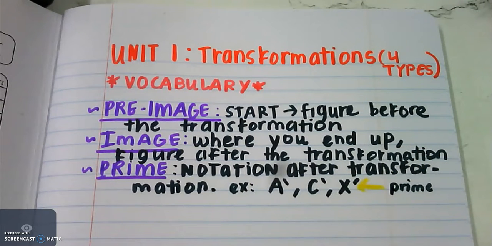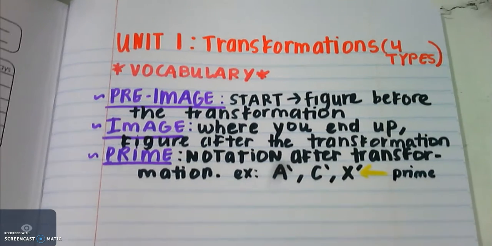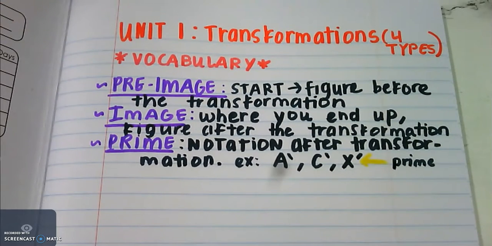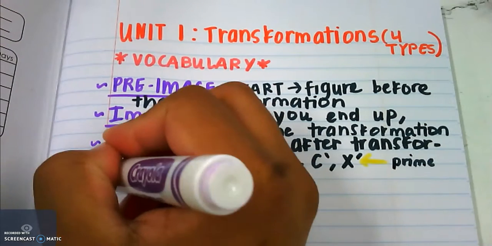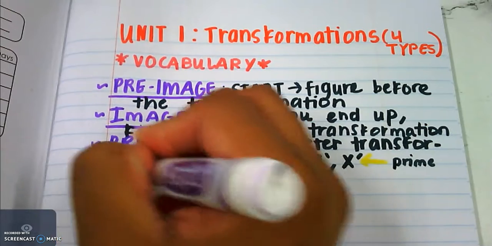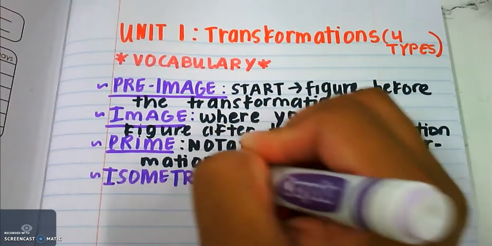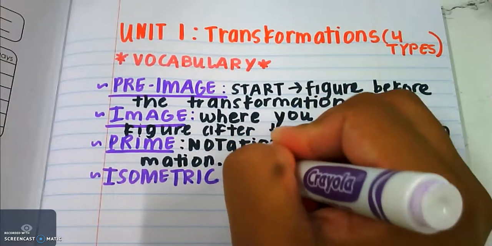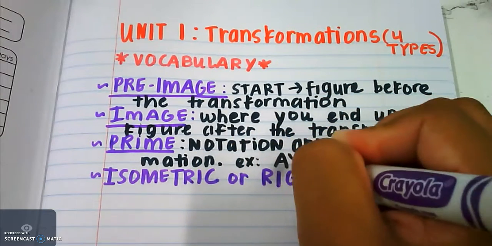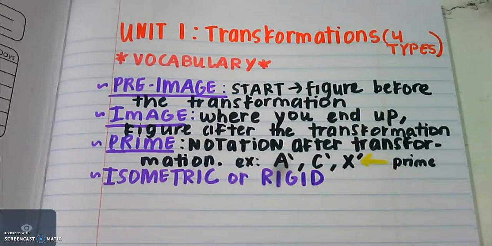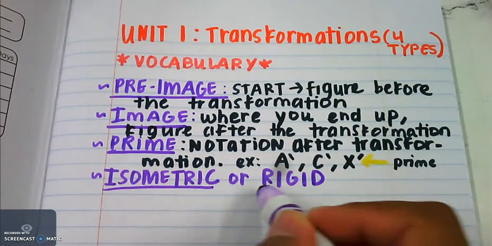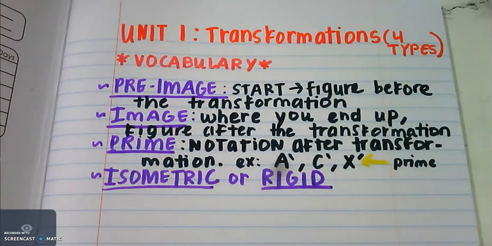Another word that we have not mentioned but is really important is isometric. The word isometric. Another word for isometric is rigid. Now, what in the world is isometric and rigid?